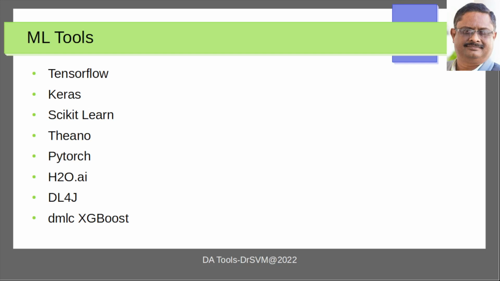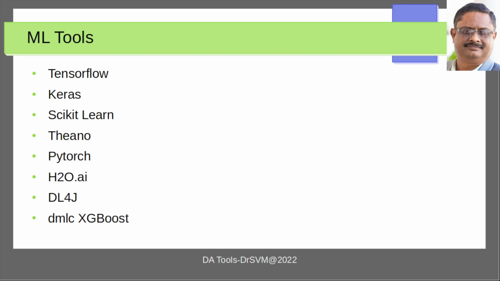Theano is another such tool which helps us in making even higher abstractions. PyTorch is another tool we have. In the same way we have H2O.ai, specifically meant for artificial intelligence.